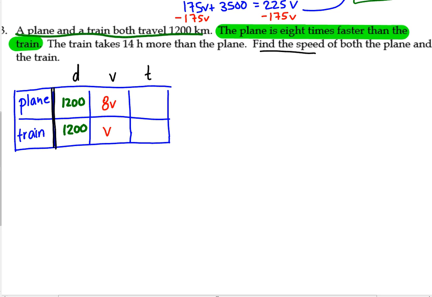We use the formula. So T is equal to what? D over V, right? We know distance is equal to V times T, and so we divide both sides by V to get T. So D over V is 1,200 over 8V and 1,200 over V.